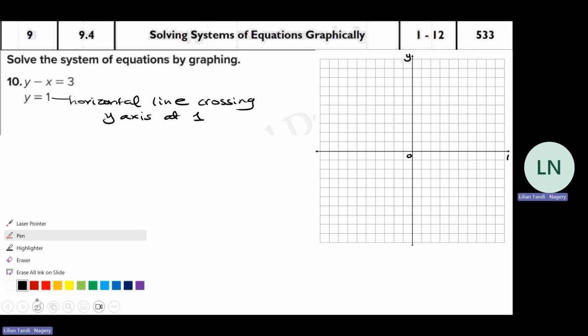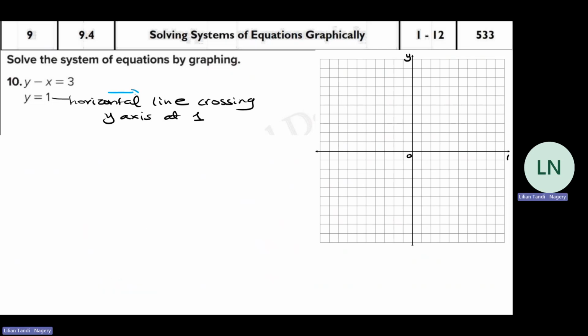Let's use another color. I'm going to use this for this line. So here, y equals 1 is this line here. You put your arrow, y equals 1. Okay. Then we do the other one.